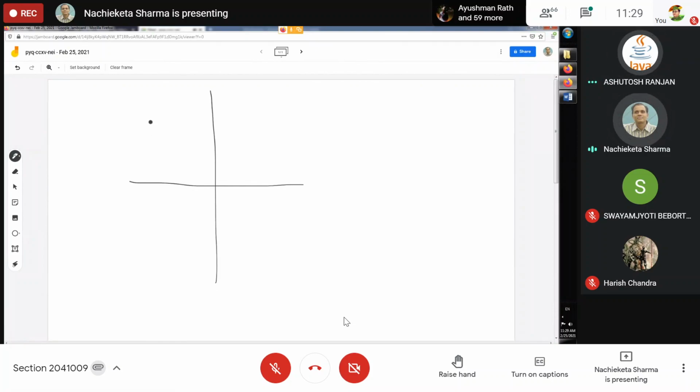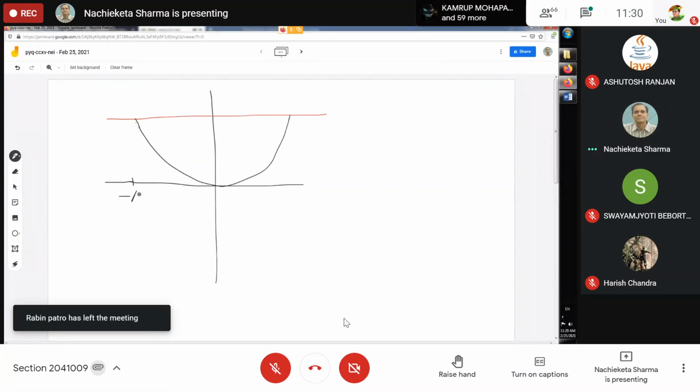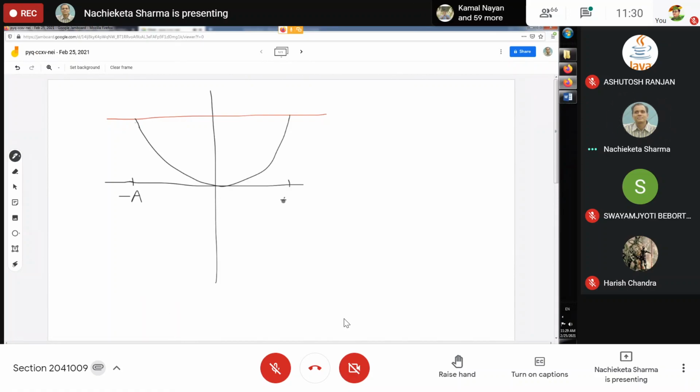Okay, unwittingly, this was the energy diagram. This is the total energy, and this graph is like this. Is anybody saying anything? Hello? So this is minus A and this one is plus A. In the horizontal axis, I have plotted position.